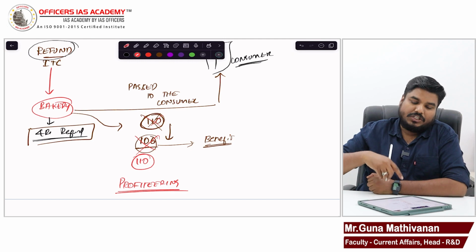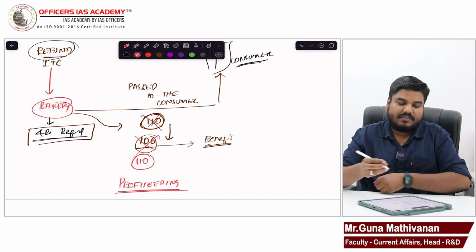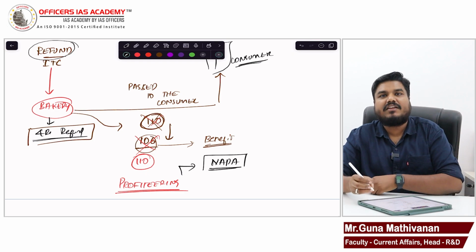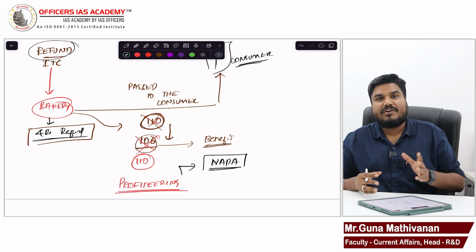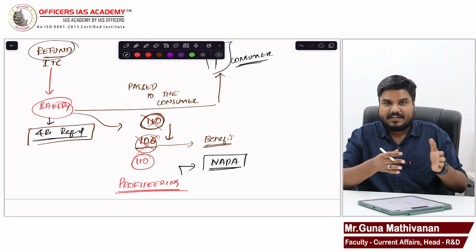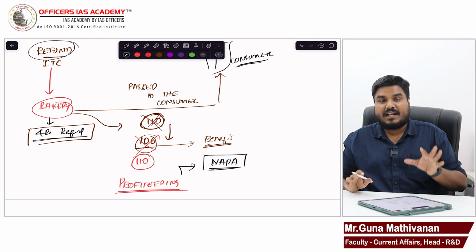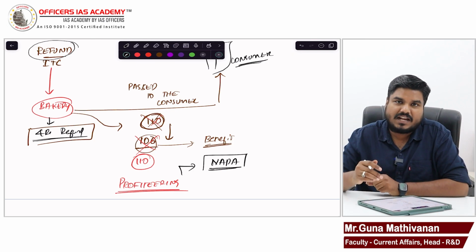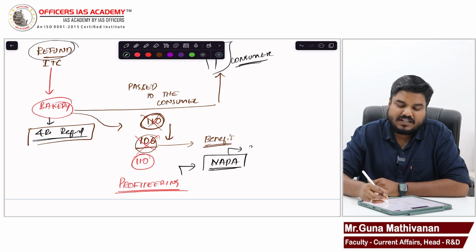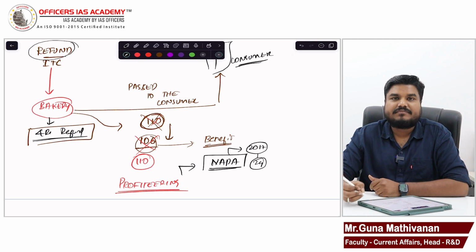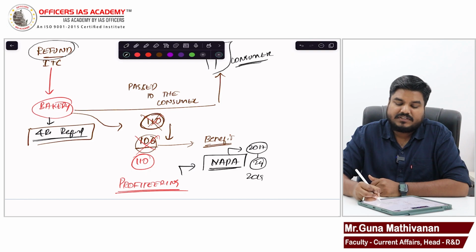So to avoid this kind of profiteering, the government set up a national level authority called the National Anti-Profiteering Authority. It was set up to check whether these suppliers, these firms, are involved in profiteering or not. In 2017, it was set up, only for 2 years, 2017 till 2019.